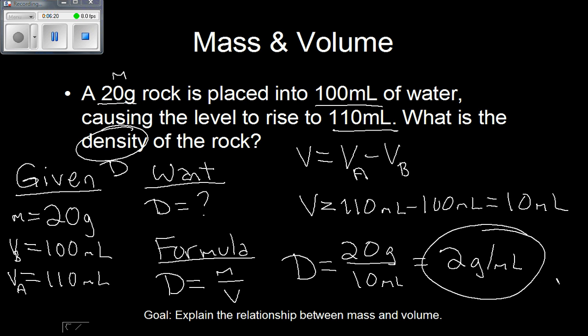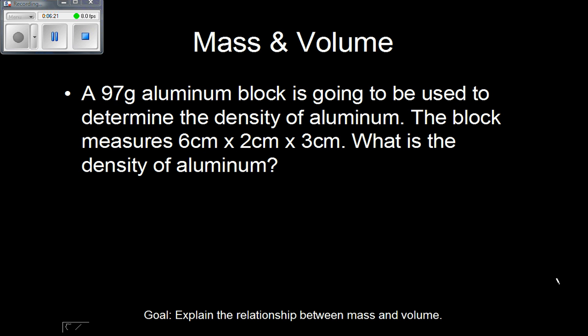Let's try another problem. A 97-gram block of aluminum is going to be used to determine the density of aluminum. The block measures 6 centimeters by 2 centimeters by 3 centimeters. What is the density of aluminum? Step 1, identify what you've been given. So here we have our mass.